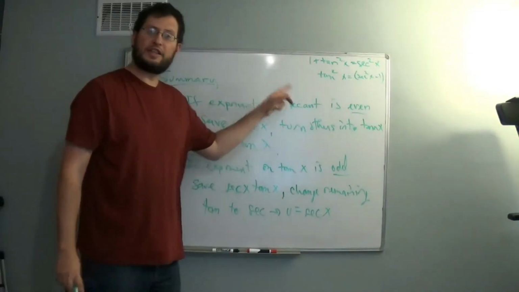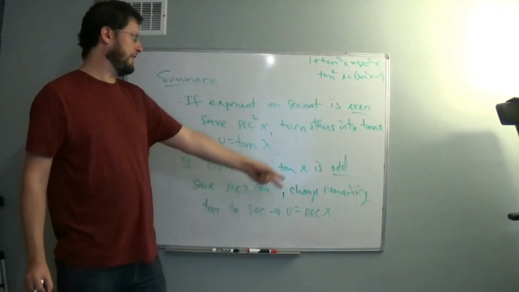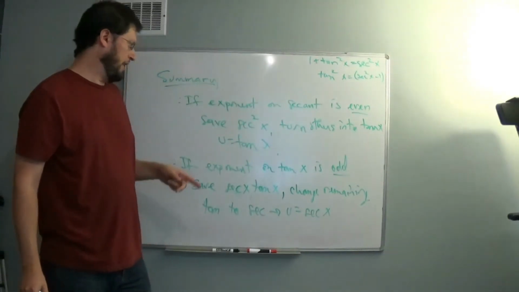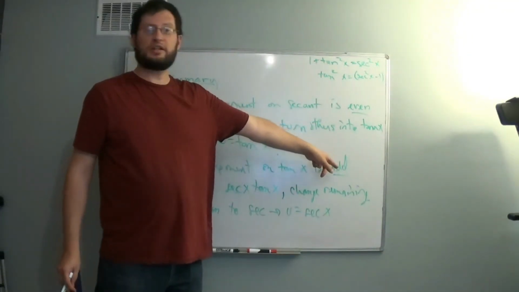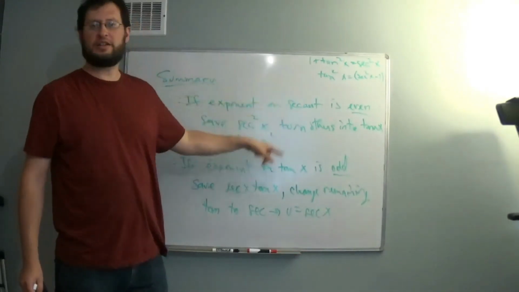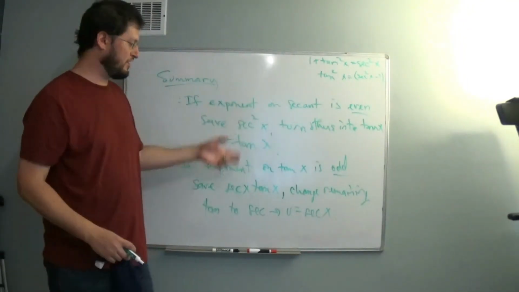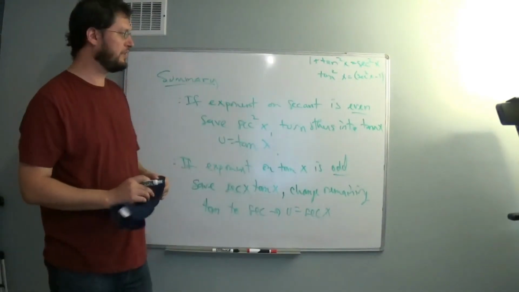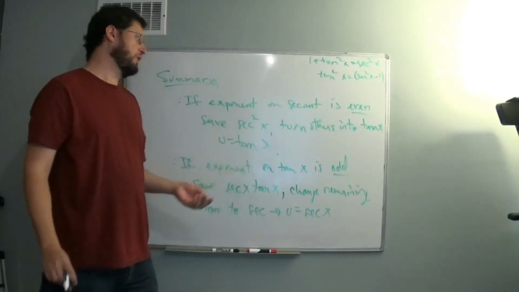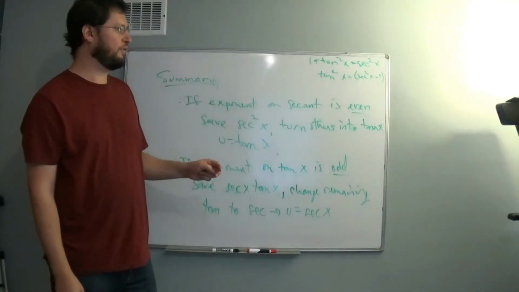So that's not everything, right? That's not every case. That's even on secant, and that's odd on tangent. But it could be that we're odd on secant and even on tangent. That's the third case that we're actually not going to worry about. It's more complicated. It's not as straightforward to see what's happening.